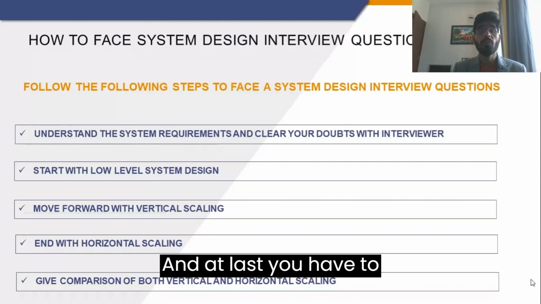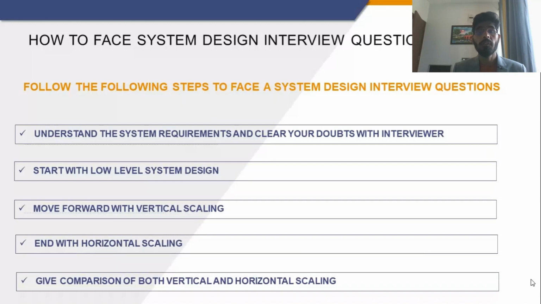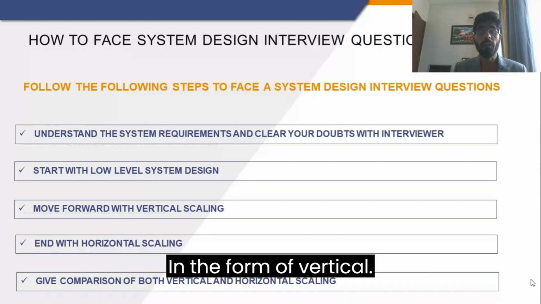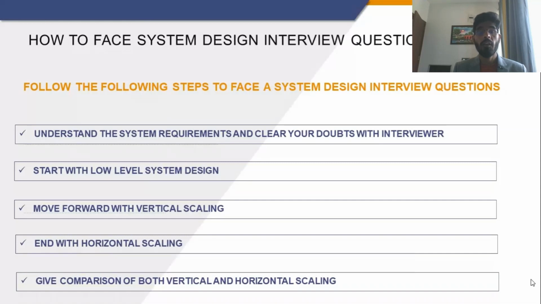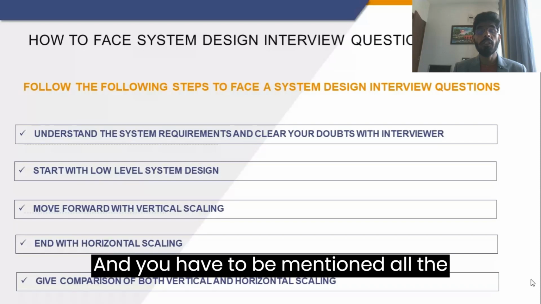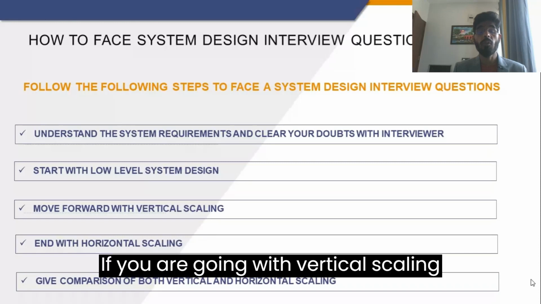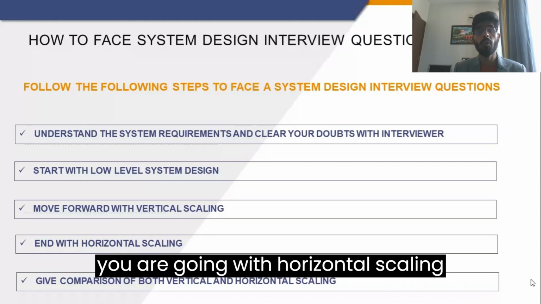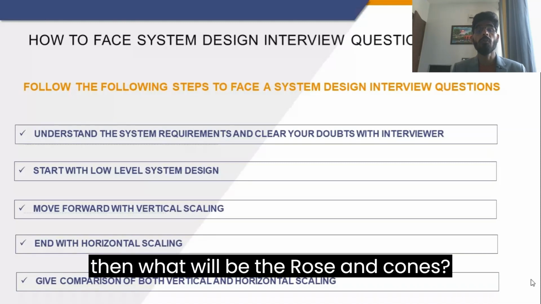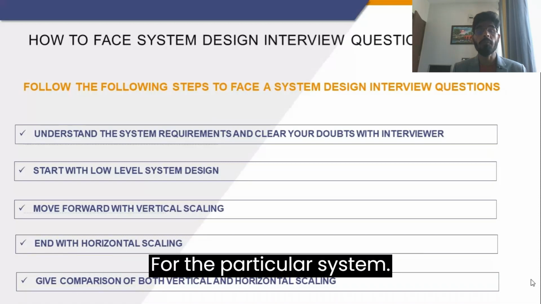And at last, you have to compare both the systems in the form of vertical design and horizontal design, and mention all the pros and cons of both. If you are going with vertical scaling, what will be the pros and cons, and if you are going with horizontal scaling, what will be the pros and cons for the particular system.